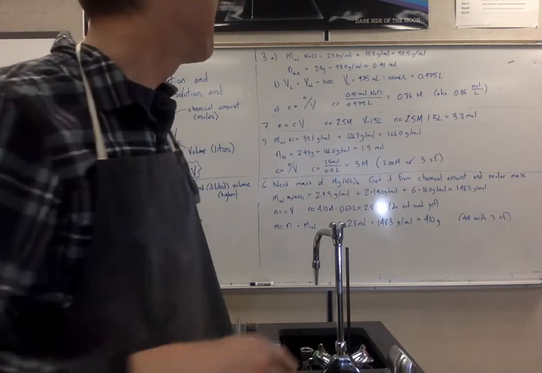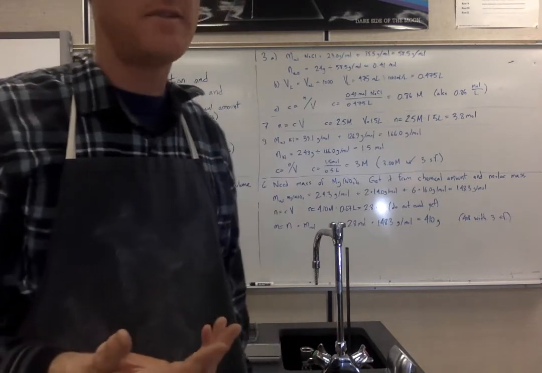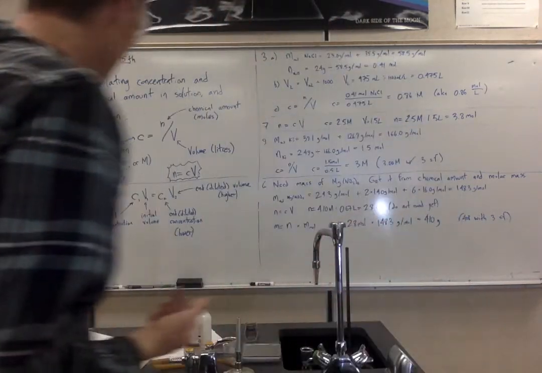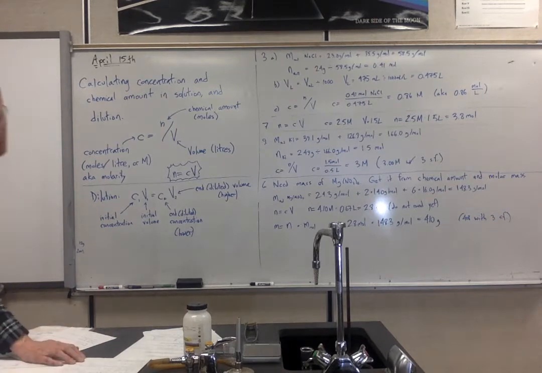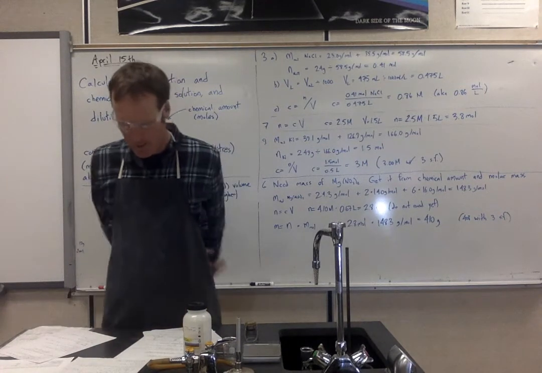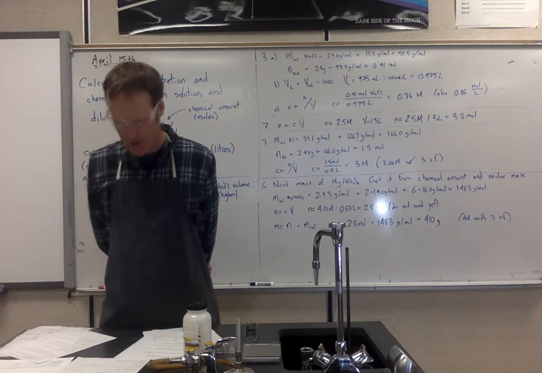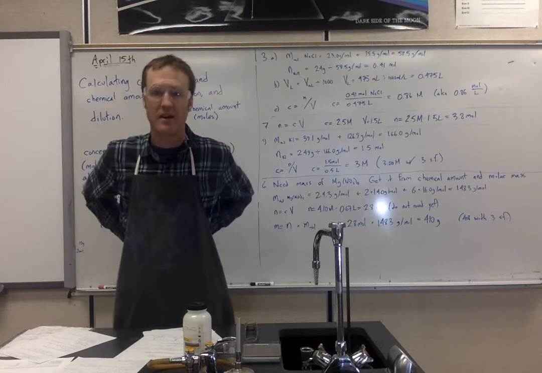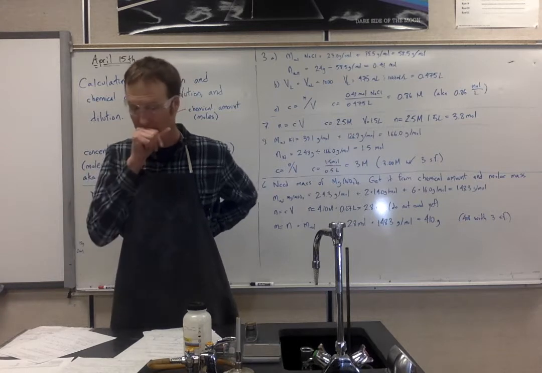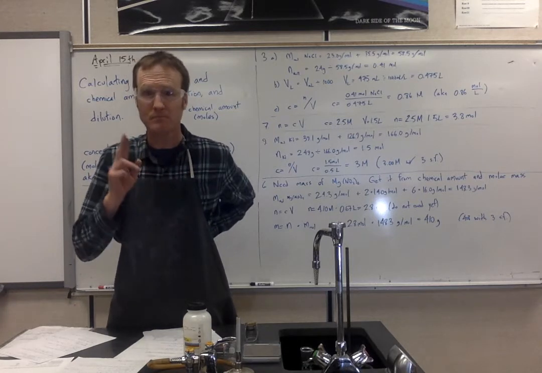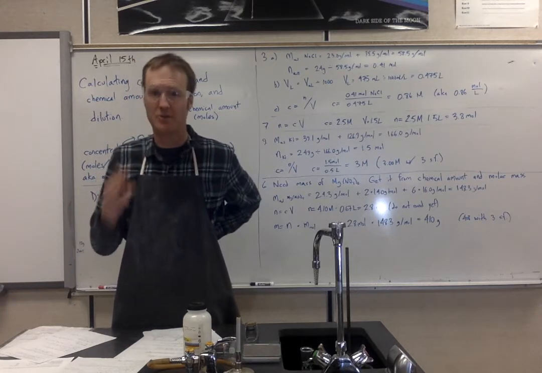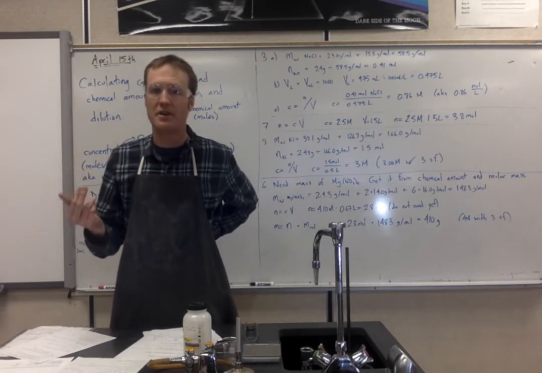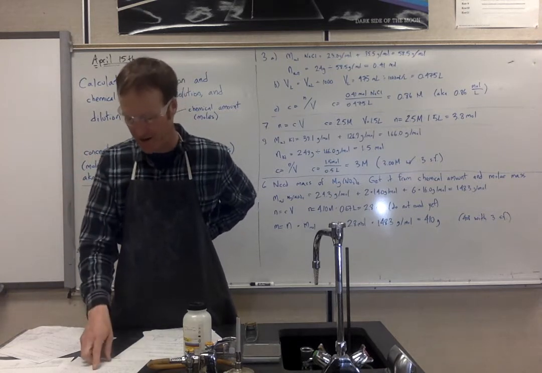Question 9 has a bit more detail to it. For question 9, let's go to it. What is the molarity of a 500 milliliter solution containing 249 grams of KI? KI is potassium iodide. 1 potassium atom, or 1 potassium ion, which will have the same mass, and 1 iodide ion.